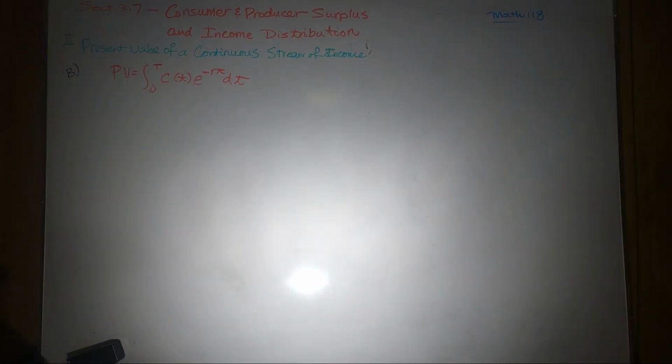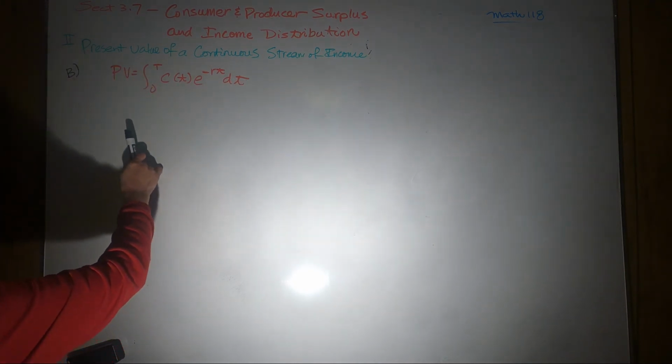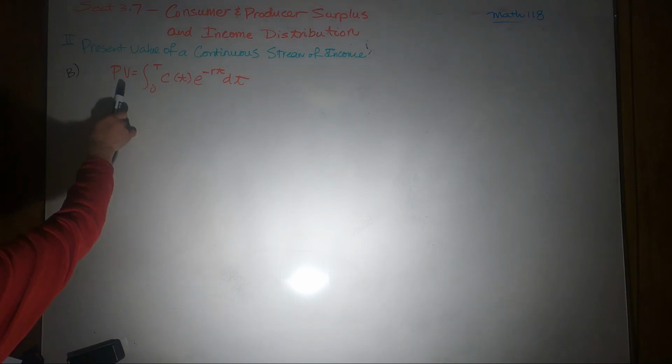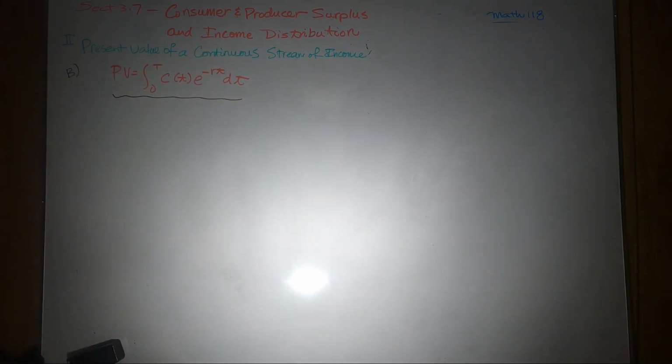We were saying that for a continuous stream of income, to evaluate the present value, we use this. We use the integrals. Somebody did a study, and that's what it actually is.